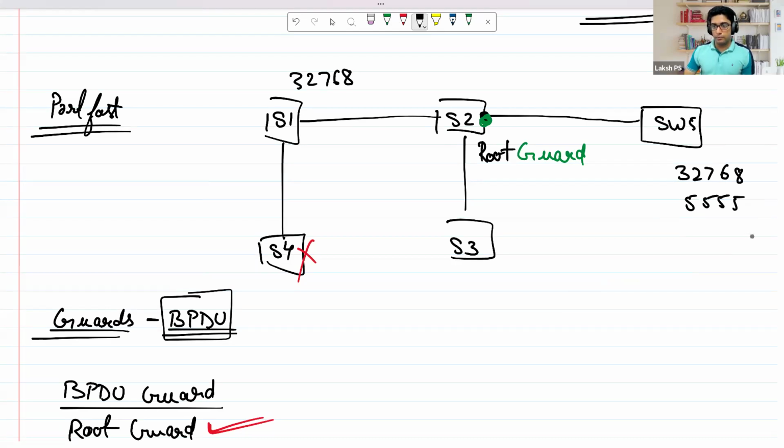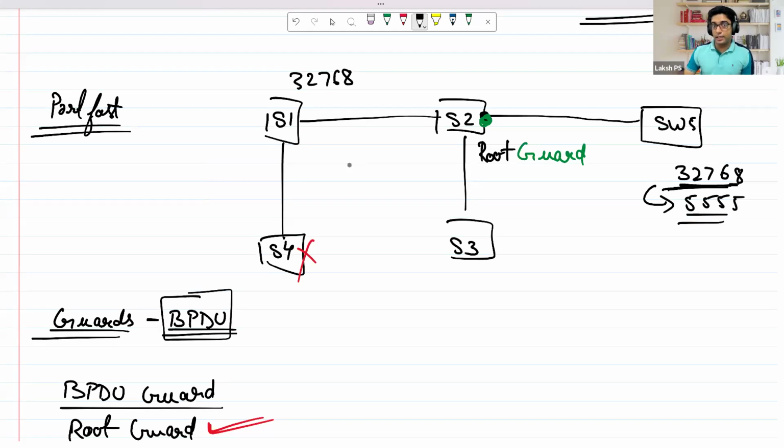Now, what is going to happen? Root guard is enabled and it works only if you have a lower priority. This guy does not have it, it has an equal priority, then it moves to a MAC address. This guy has a higher MAC address. What is the problem? So switch 5 then gets connected to your network.